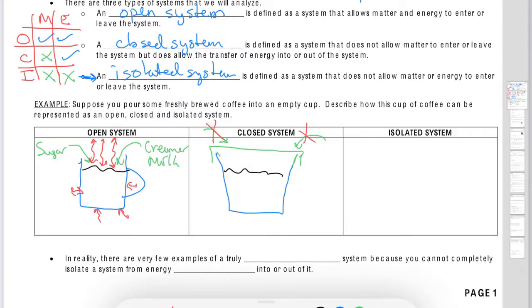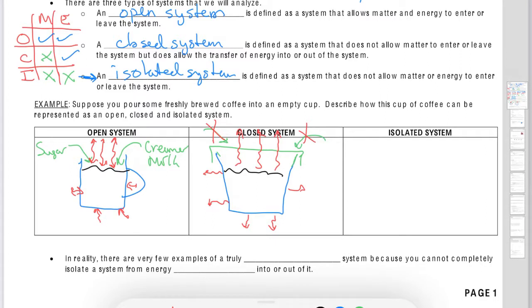So we can't add in our extra stuff because it's already there. But because the lid is essentially just a plastic piece, and the cup is paper, it's easy for energy to flow in and out of the system.